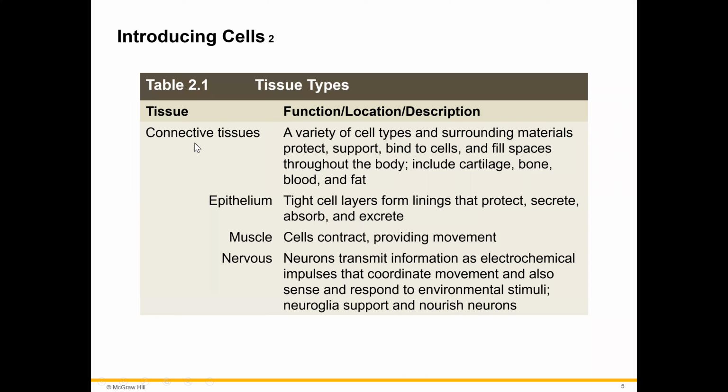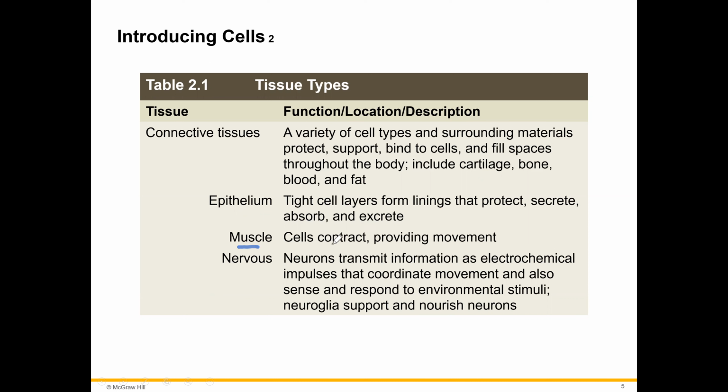Here, connective tissue is a variety of cell types and surrounding materials that protect, support, bind cells, and fill spaces throughout the body. Connective tissue includes cartilage, bone, blood, and fat. Epithelium, or epithelial tissue, is tight cell layers that form linings that protect, secrete, absorb, and excrete.